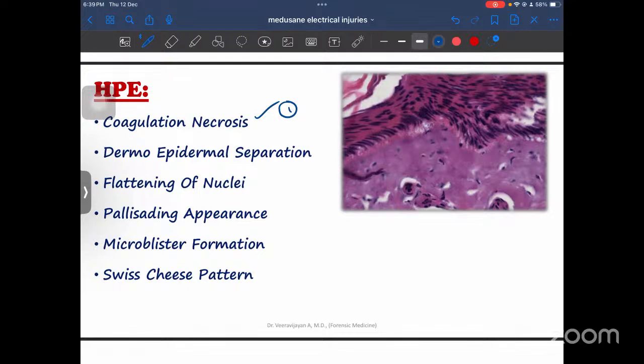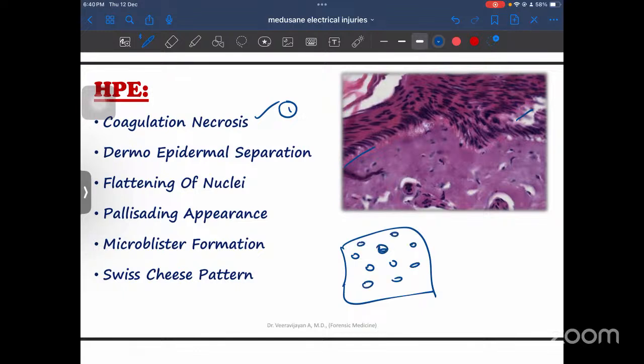Another one is dermoepidermal separation in the skin. Sometimes the dermis will get separated from the epidermis due to the liquefaction of tissue. This is the skin under the microscope; liquefaction produces a hollow-like appearance.